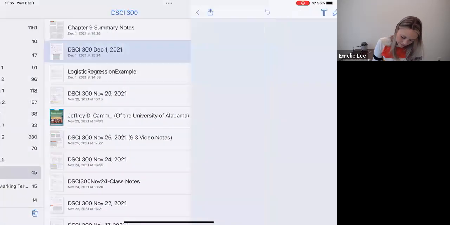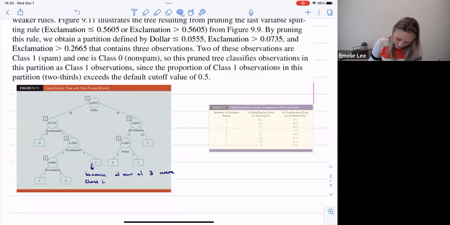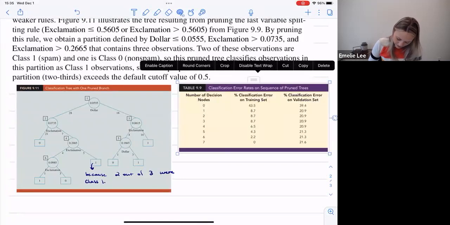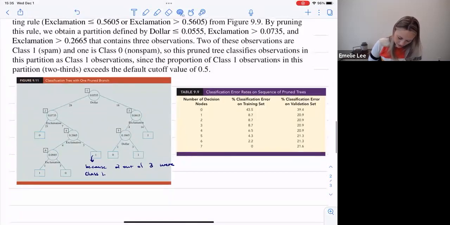The reason we do it is because if we consider decision nodes, let's take a step back and have 0 nodes. So no partitioning is happening here, and I just say you're going to be in the class that's most frequently occurring. Then we're going to be wrong some percentage of the time, and it turns out that it would be 43.5% of the time in this data set.